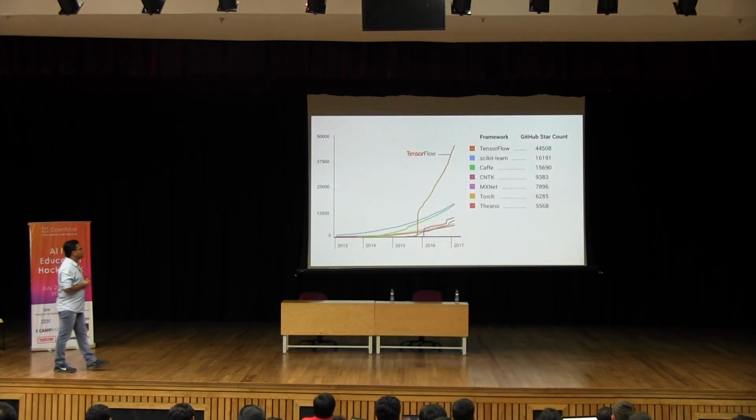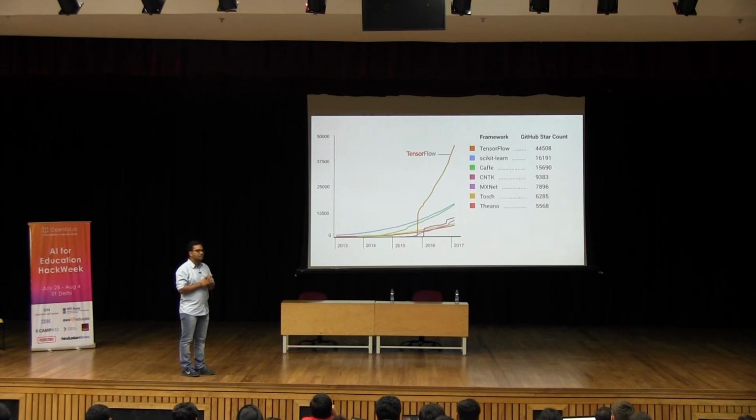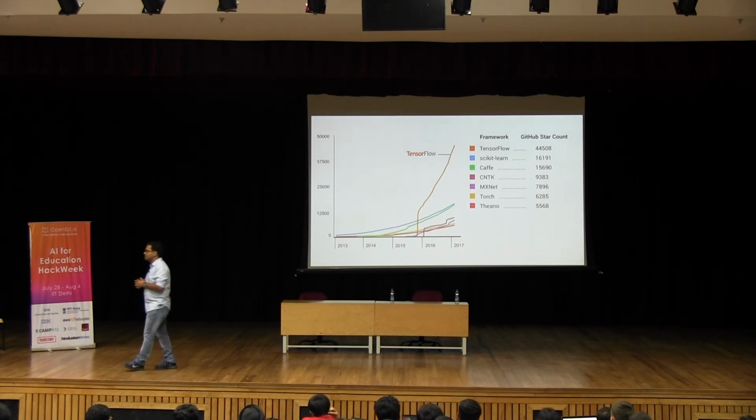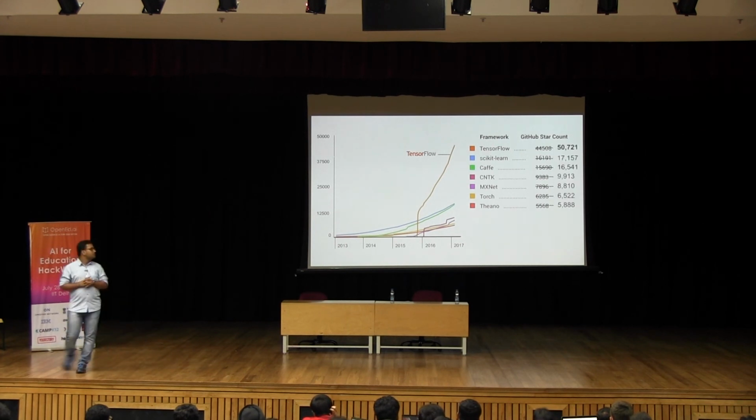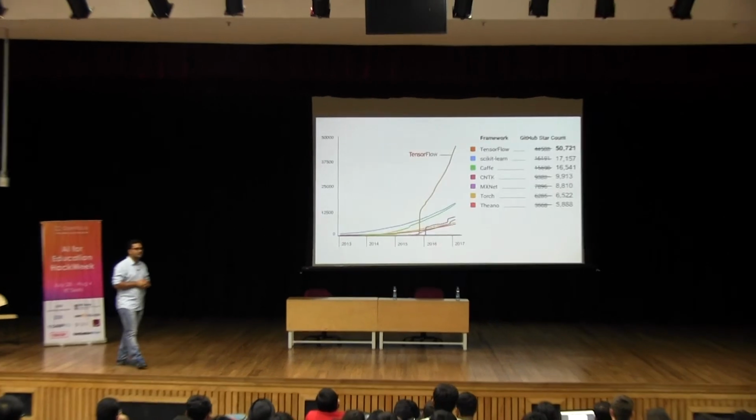In February or March, TensorFlow had the maximum number of stars and was one of the most popular repositories on GitHub. Others are Scikit-learn, Caffe, CNTK, MXNet, Torch, and Theano. TensorFlow was 44 just last year.